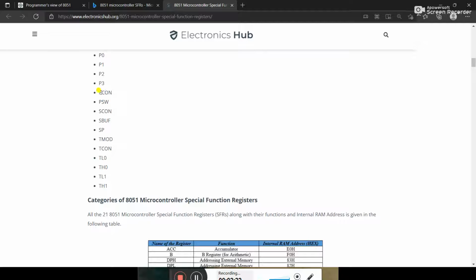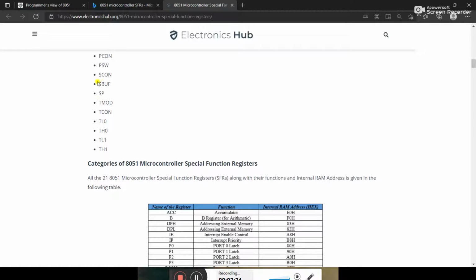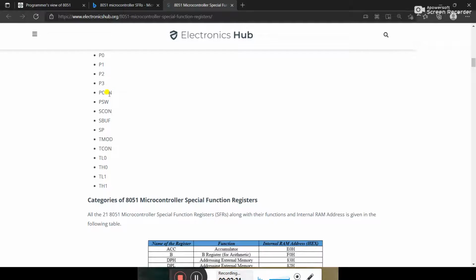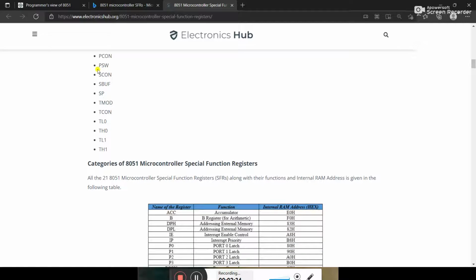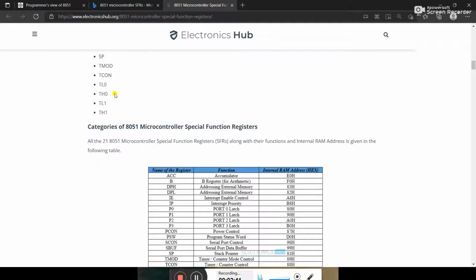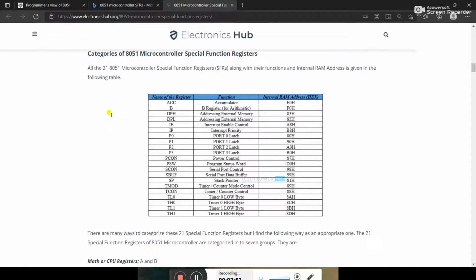PSW is your program status word. PCON is basically power control, and SCON is your serial control. SBUF is your serial buffer, SP is your stack pointer, TMOD is your register for the timer mode, and TCON is the timer control register. TL0, TH0, TL1 and TH1 are the registers for the timers, used to load the timer values.